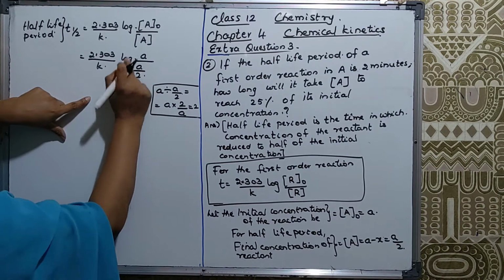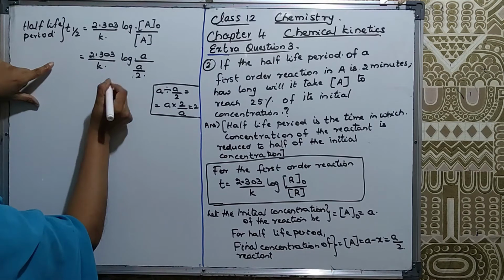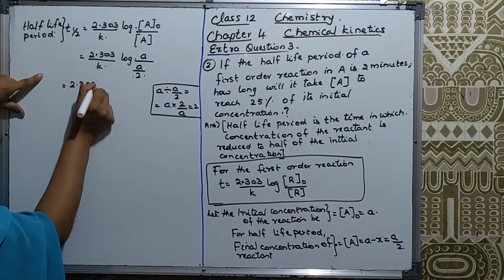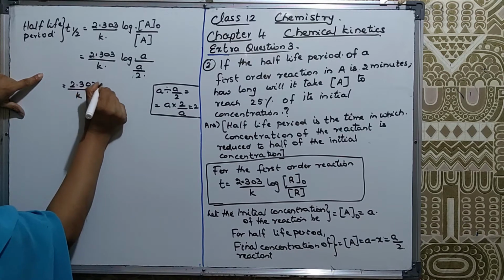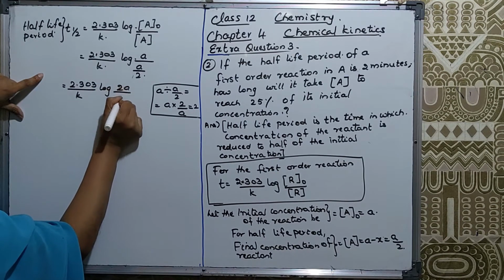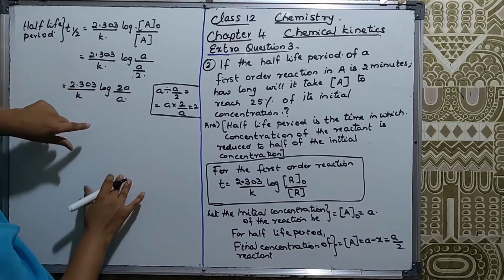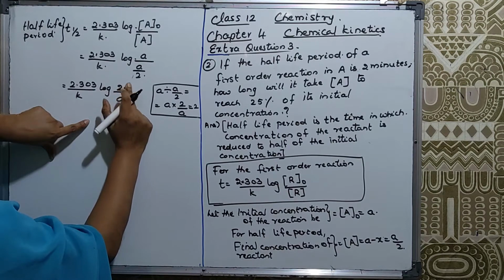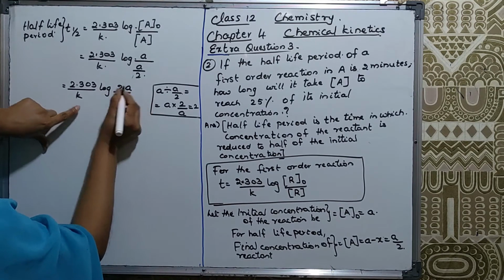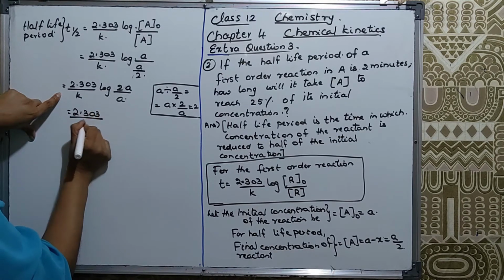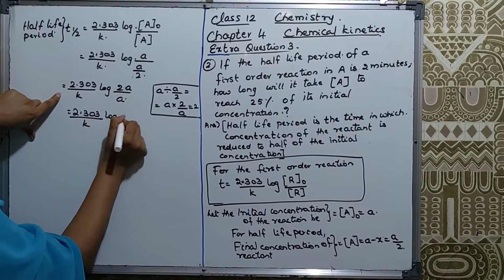So it will be equal to 2.303 divided by K log 2A divided by A. So it is in the explained form, directly you can write 2 also. So this A and A will be cancelled, and it will become 2.303 divided by K log 2.